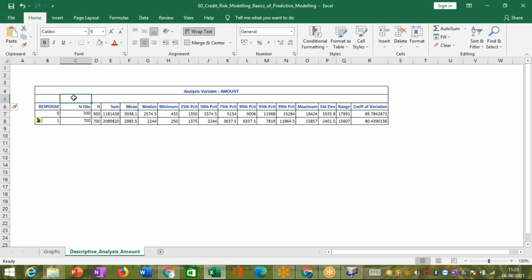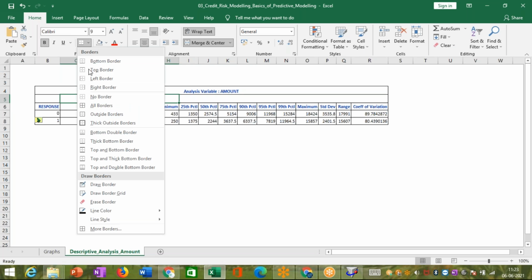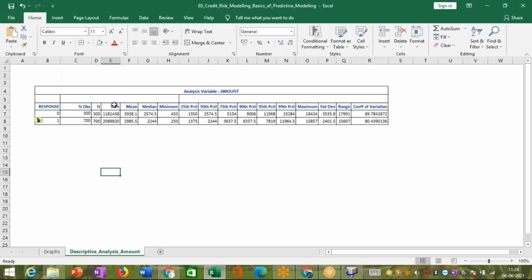Over here, from this up to this point is your absolute measures of central tendency.